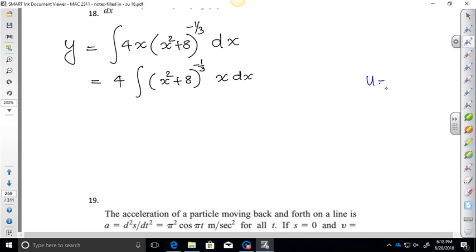What is du? 2x dx. But all we have there is just x dx, so it's going to be 1/2.